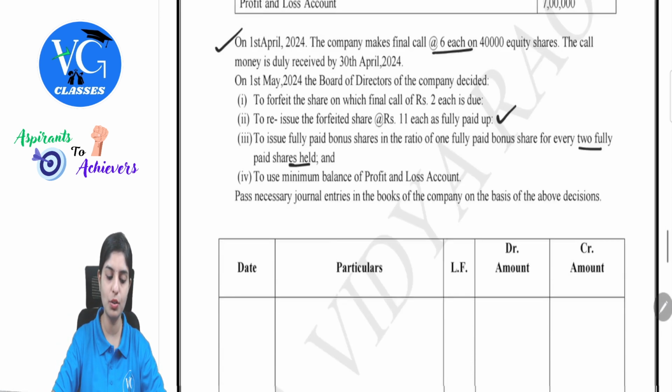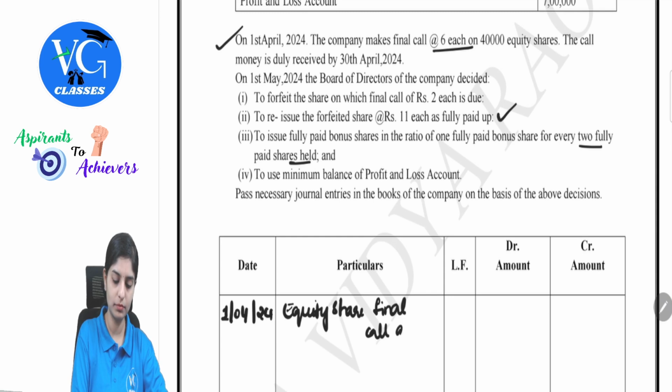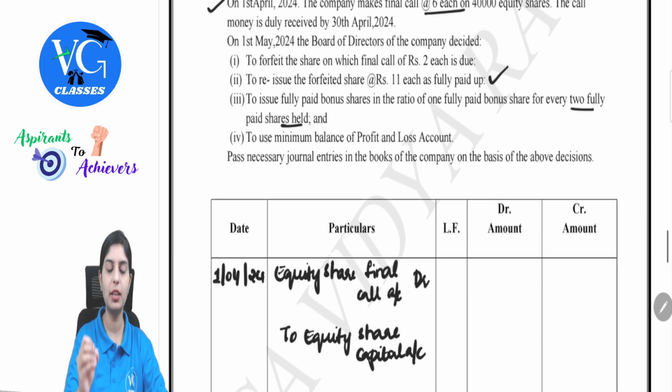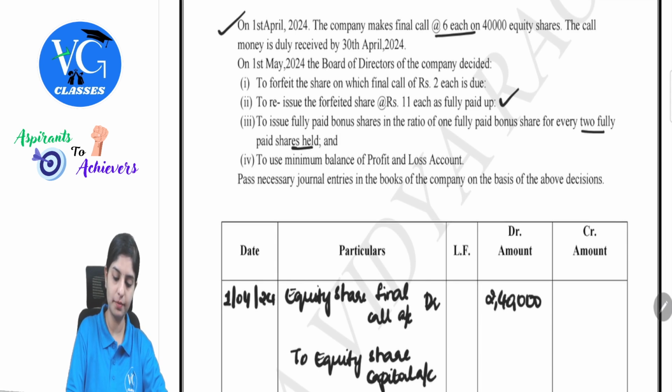The company makes the final call. So first, on 1st April 24, equity share final call account debit to equity share capital account. How much will that be? 40,000 shares into 6 each, 2,40,000.